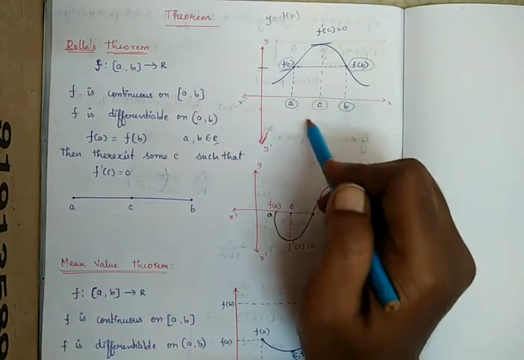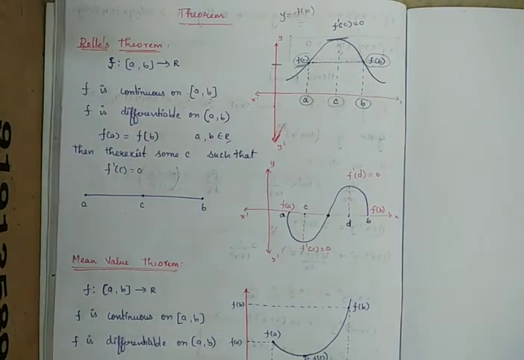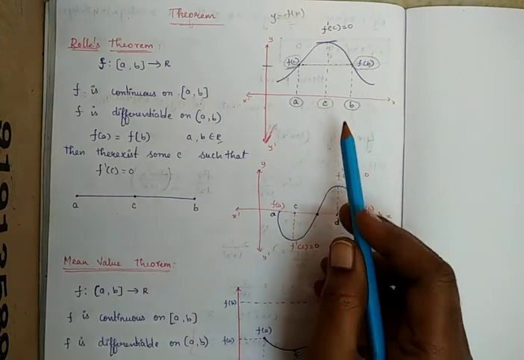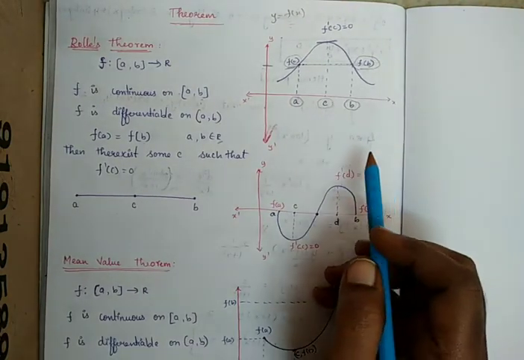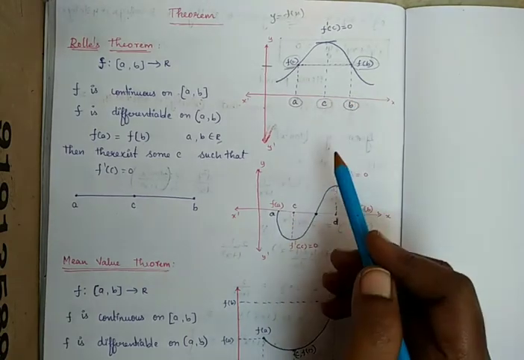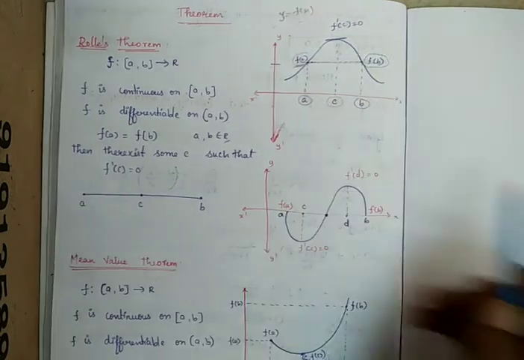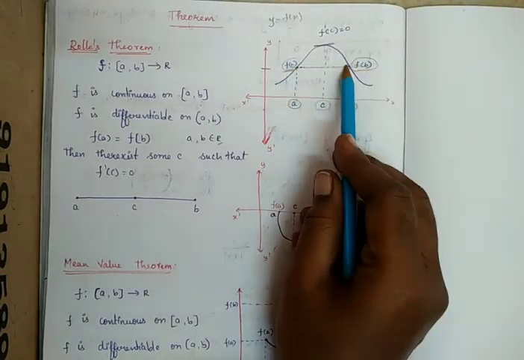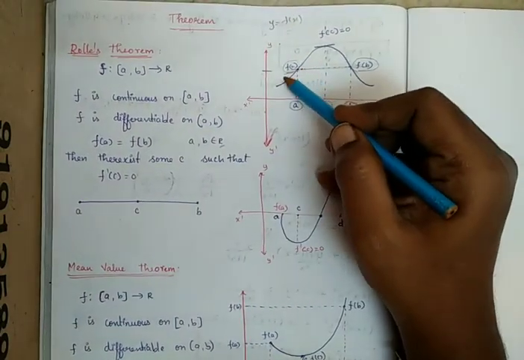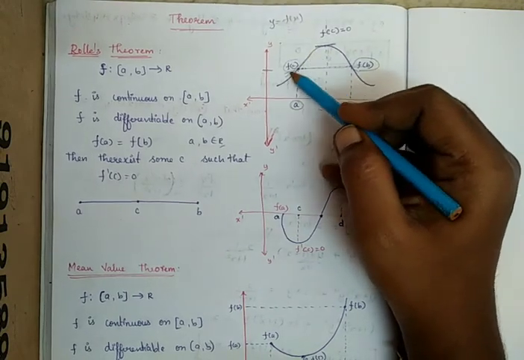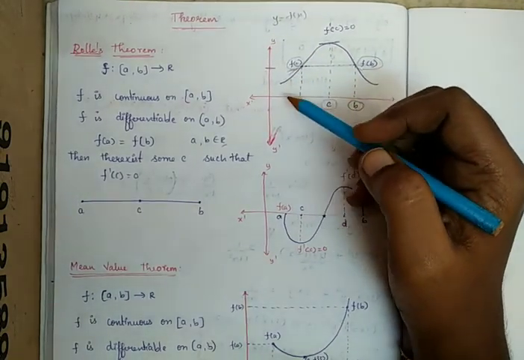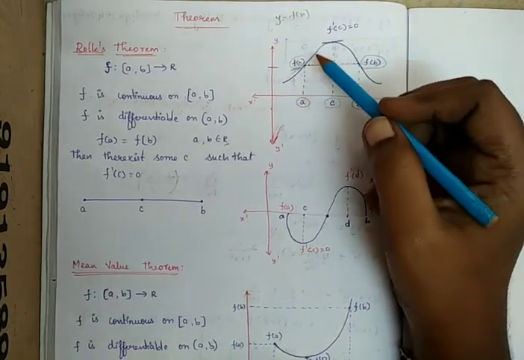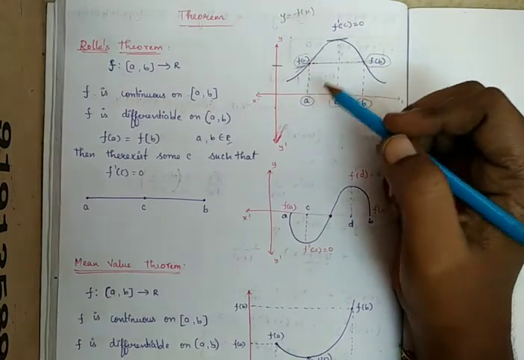This derivative at the point c is nothing but the slope of the tangent at a point on this graph. If y = f(x) is a curve, and a and b are the two points at which f(a) and f(b) are equal, then the slope of the tangent at any point on the graph is represented by the derivative of f(x).